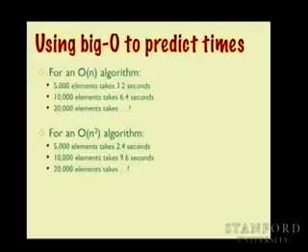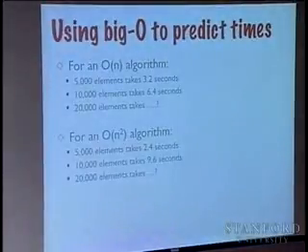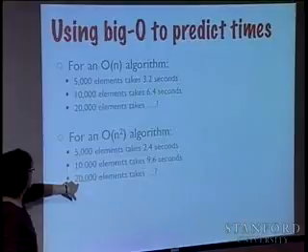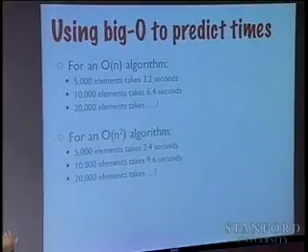But as I get to larger and larger values of n, the fact that it goes by a factor of 4, the square of the doubling, as opposed to linear, means it's going to quickly take off. So I take my 5,000 elements that took 2.5 seconds, I put an input that's twice as large into it, it's going to take a factor of 4. And if I go from 10,000 to 20,000, another factor of 4 is going to bring that up to 40 seconds or so, compared to my more modestly growing linear algorithm.